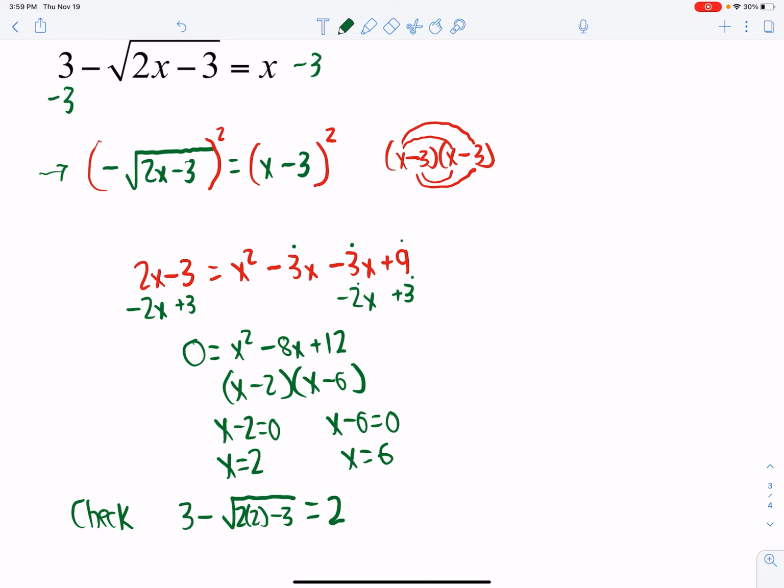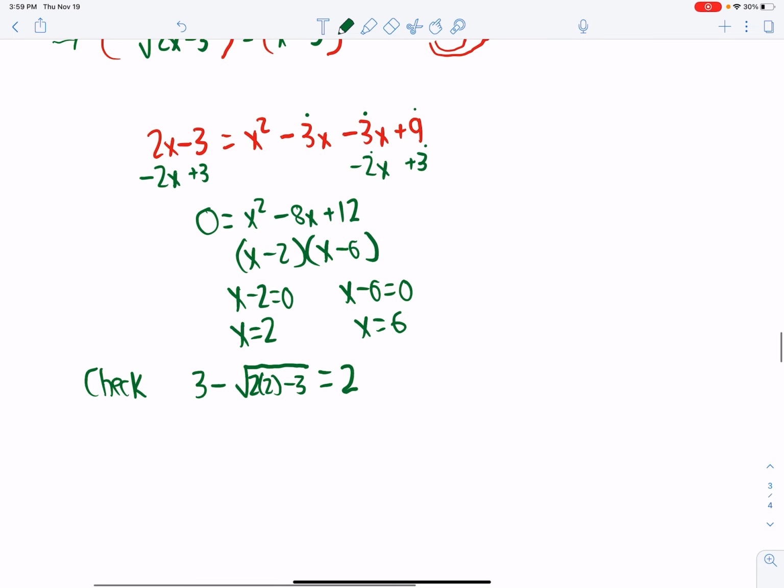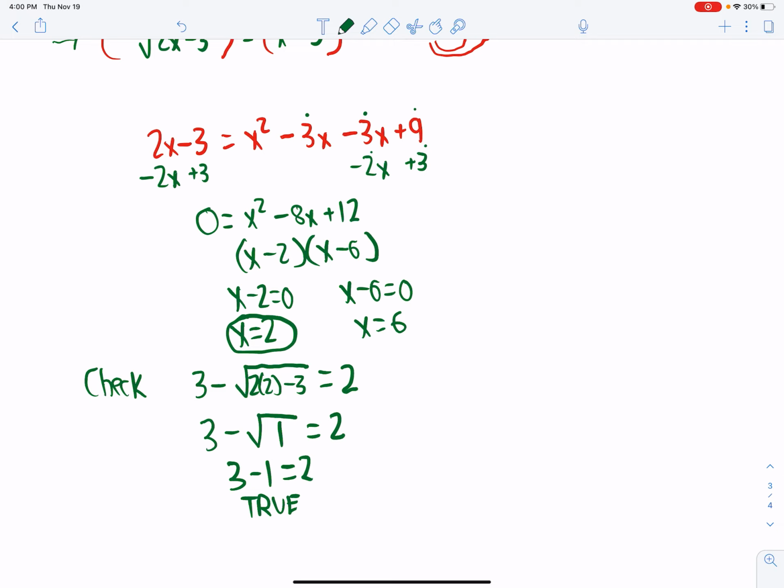So here we put 2. So let's do some simplifying here. That would be 3 minus square root. 2 times 2 minus 3 is 1. And this gives us 3 minus 1 equals 2. That's true. So x equals 2 is a correct answer there.